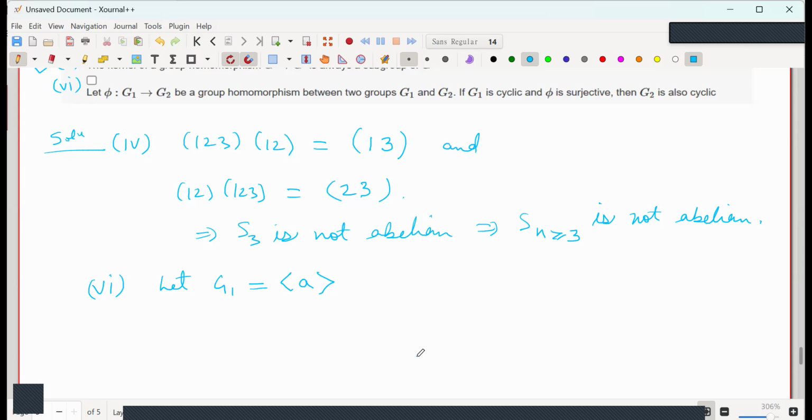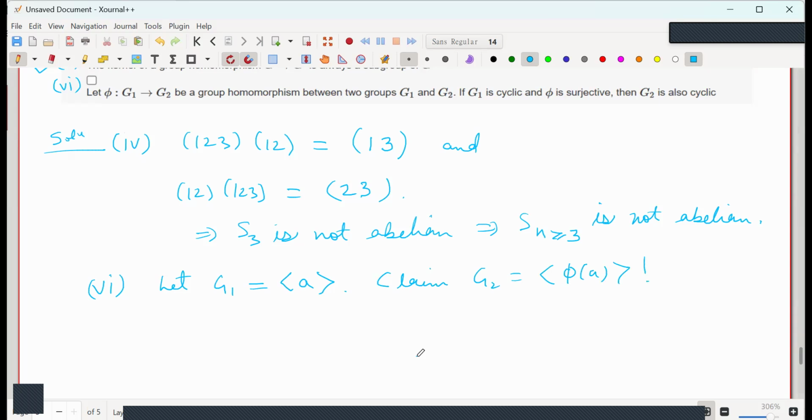I'm saying that let G1 be generated by A. So the generator would be mapped to the generator of G2, so phi of A. So the claim is phi of A is the generator of G2, sir. Yes, the claim is G2 is generated by phi of A.